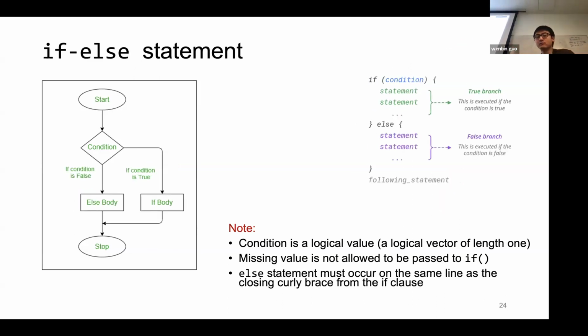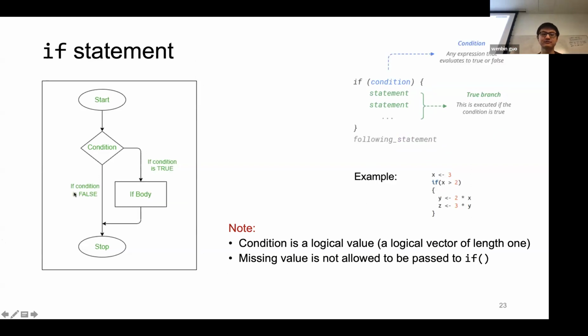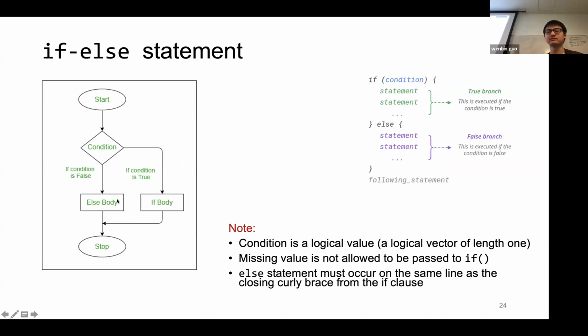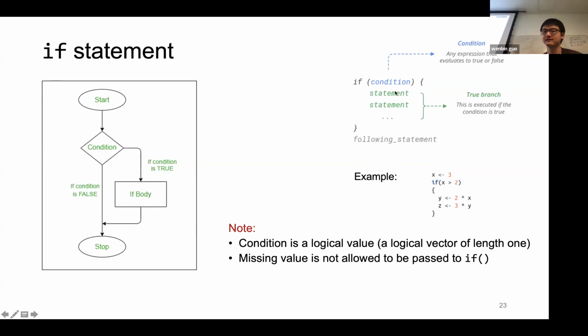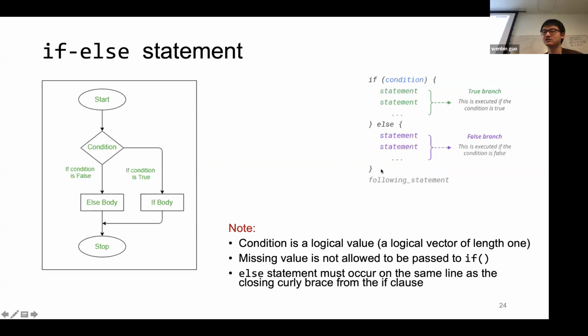And sometimes we don't really want to just escape. If the condition is not true, we want to execute another chunk of code. This involves an else statement. Compared to the previous if condition, we have another chunk of code, else. This is called the false branch. When the condition is not true, we are going to execute this one.